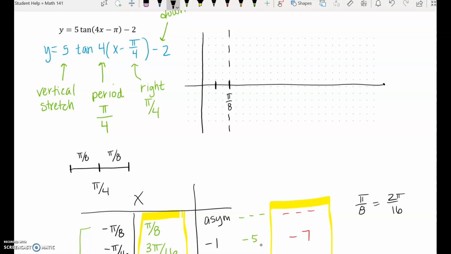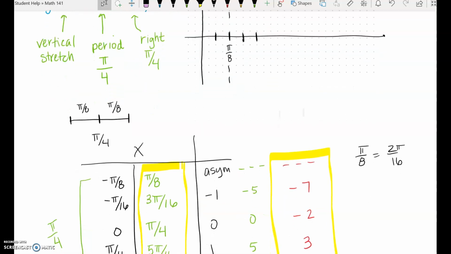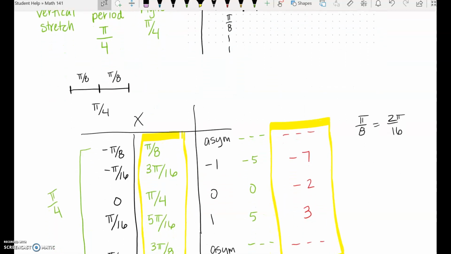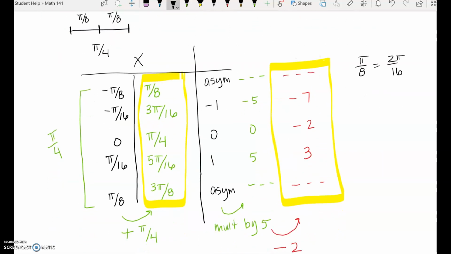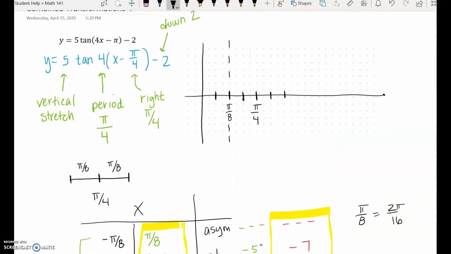And then I'll have 3/16, 4/16, which is the same as pi over 4. So that's the middle of my graph here, pi over 4. And then we'll have 5 over 16, and then 6 over 16, which is 3/8, and that's our other asymptote.